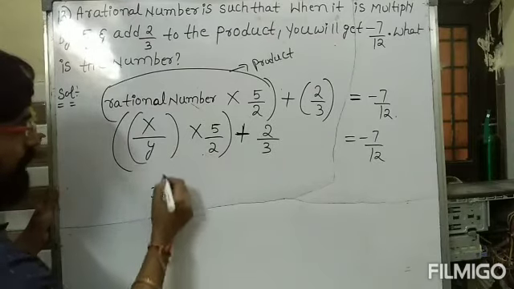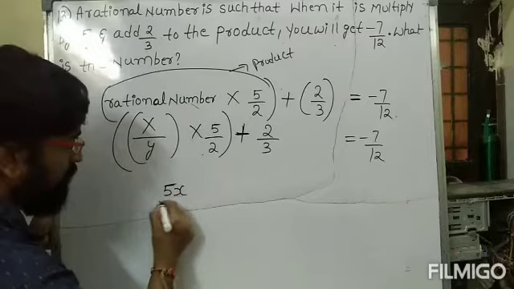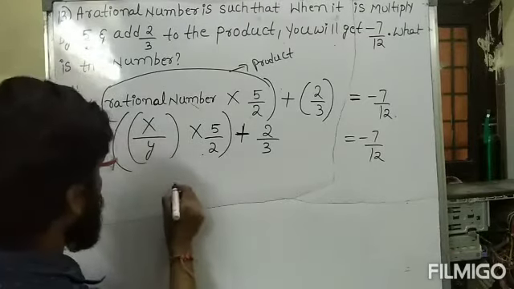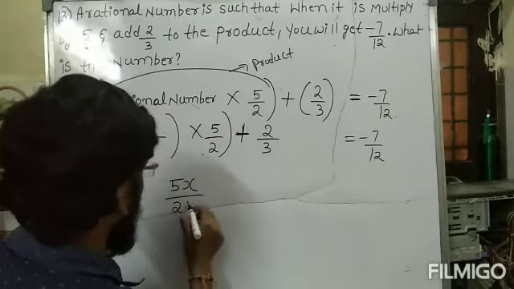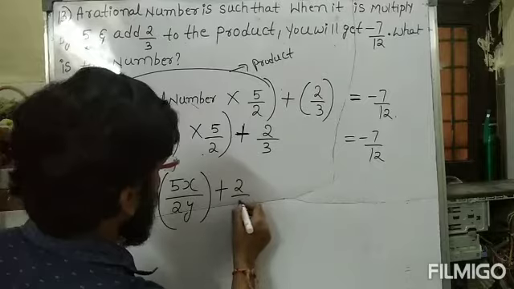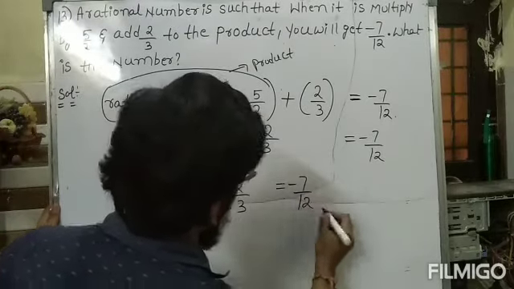X into 5 by y is 5 into x, 5x, and 2 into y, 2y. So 5x by 2y. For this I am adding 2 by 3. You are getting answer minus 7 by 12.